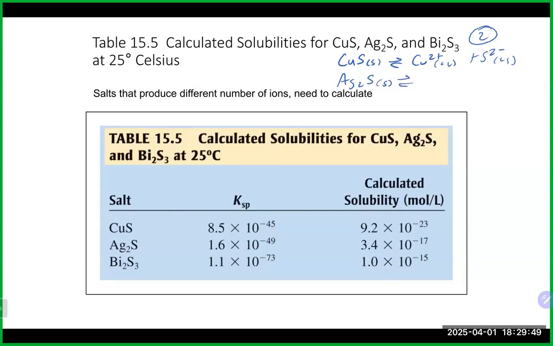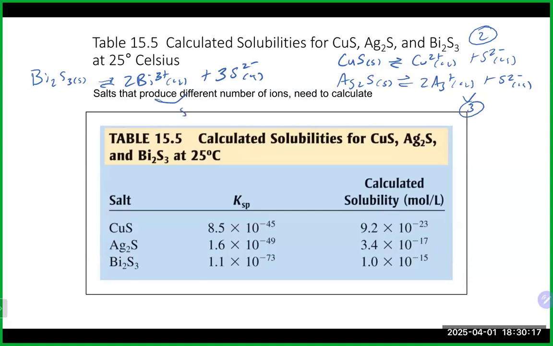That's going to give you 2 silver ions and a sulfide ion. That is 1, 2, 3 ions there. And lastly, if you take your bismuth there, Bi2S3, and break it apart, you're going to get 2 Bi 3 pluses and 3 of the S 2 minuses. That is definitely 5 ions there.